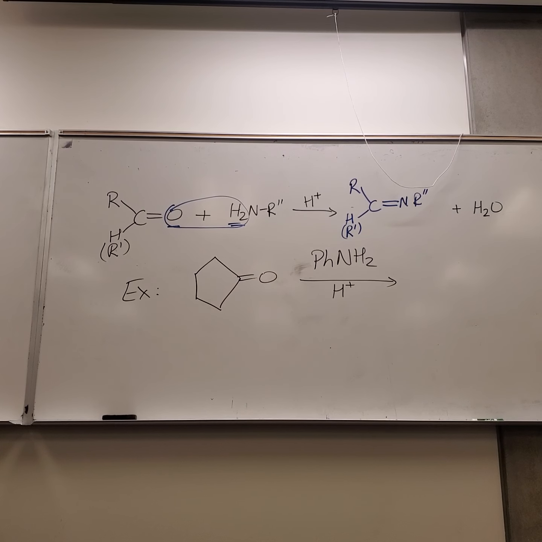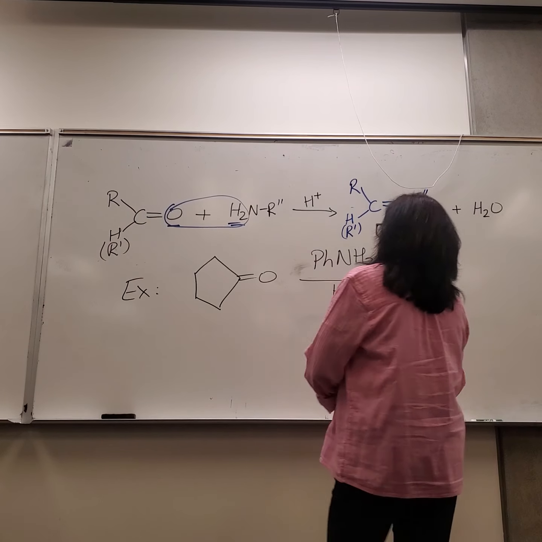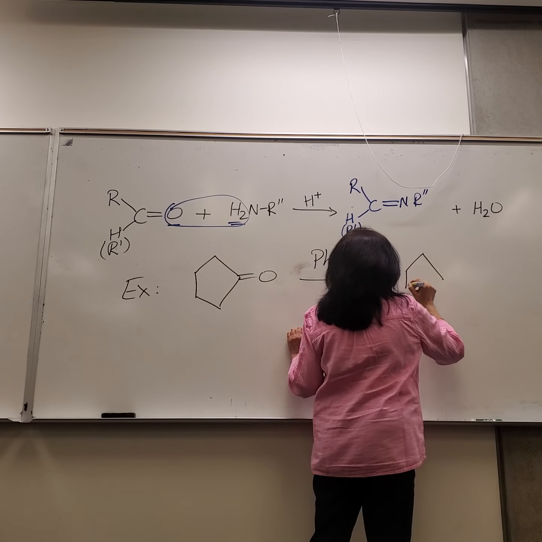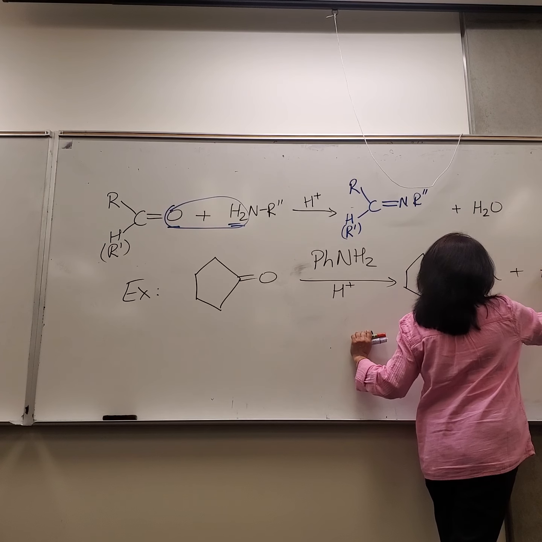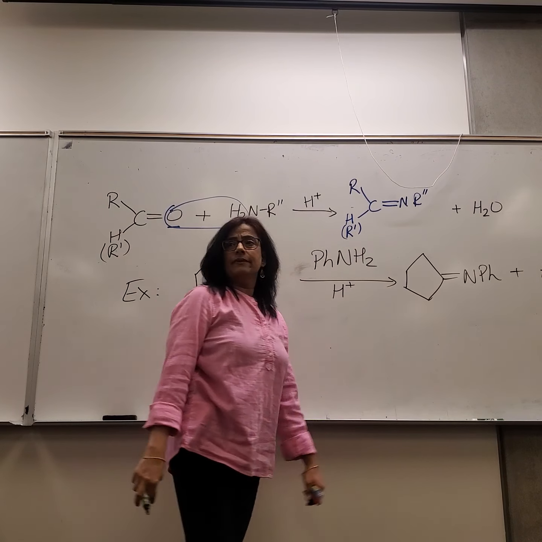Just the product for now, then we write the stepwise mechanism. What would the product be? Swap the O at the end, then put an N at the end, keeping the double bond. Agreed? Everybody?